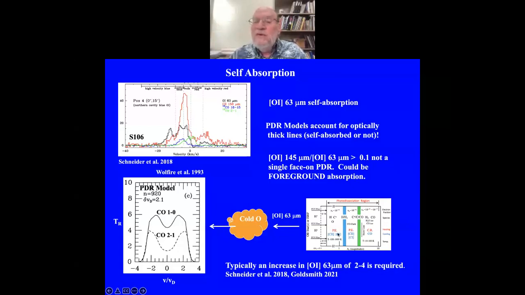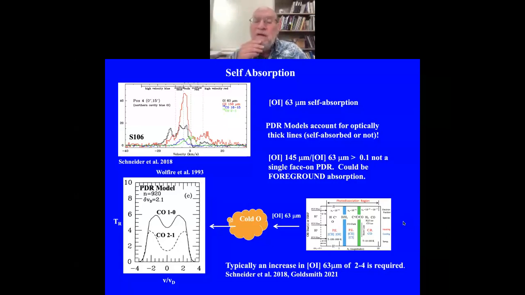Another way to do it, within the same cloud, is if you're looking at the other end. The PDR is at one end, and within the same cloud, or outside the cloud at the other side, you're looking through this cold gas. Your line of sight could be over here, but it might also be up here towards the top, anywhere where you're looking through a colder column density within the same cloud to produce that self-absorption.